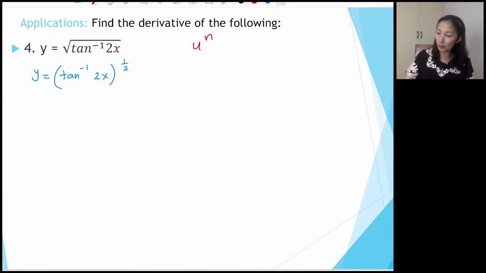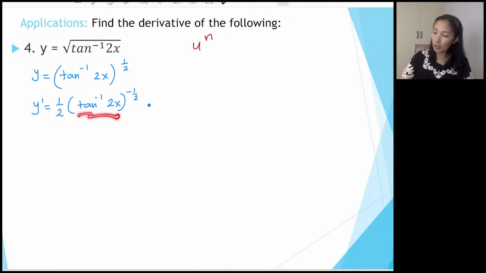So since your y takes the form u to the n, we have to apply power rule. So y prime is equal to n, the exponent 1/2, times u, arctangent of 2x, raised to exponent minus 1, so negative 1/2, times derivative of this.